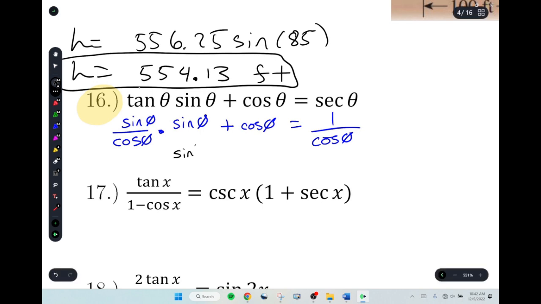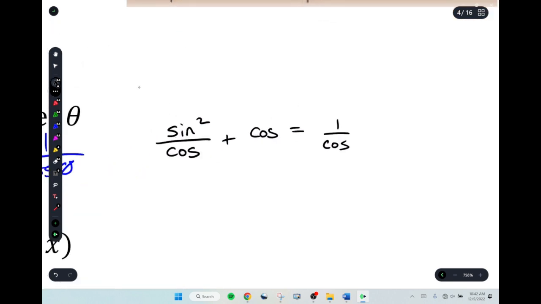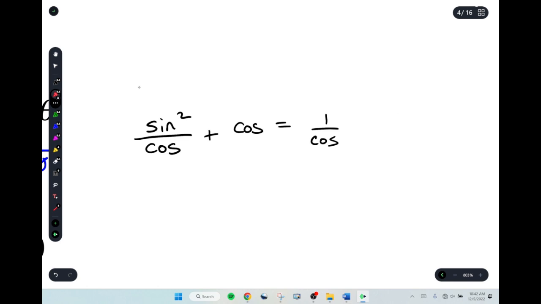So we've got sine squared over cosine plus cosine equals 1 over cosine. Now what? No right answer, no wrong answer. You said multiply it by cosine.